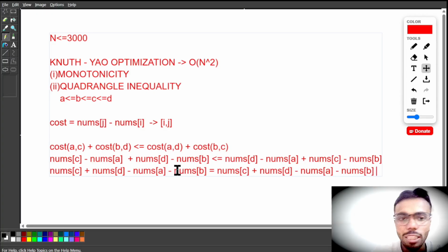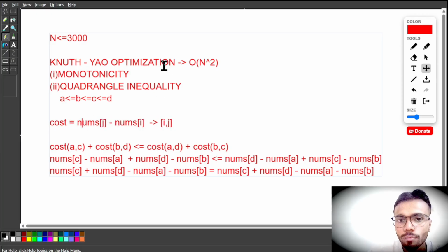So we can prove that whenever the cost function depends on the endpoints of the interval and nothing else is involved, I can safely say that the quadrangle inequality gets satisfied. Since the quadrangle inequality is satisfied, and the coordinates are given in increasing order, the cost function should also be monotonic.